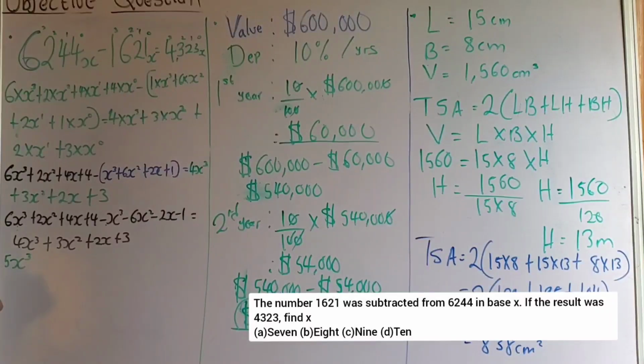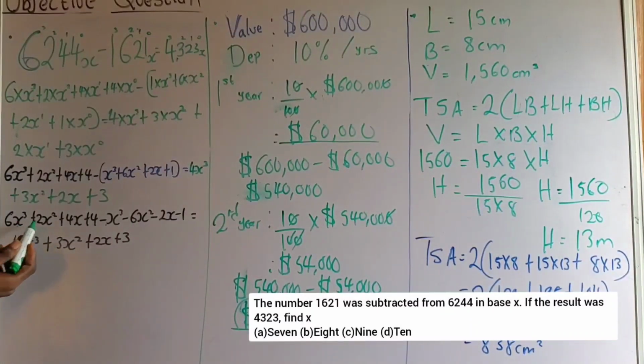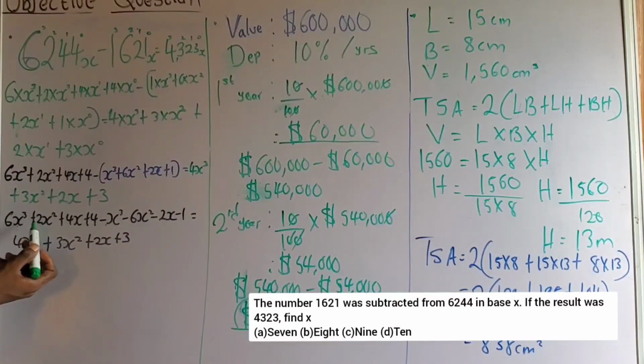Now after having dealt with the highest power on the left hand side, let us proceed to the second highest power, which is the 2x to the power of 2. We have positive 2x to the power of 2 here, and we have negative 6x to the power of 2. That gives me minus 4x to the power of 2.